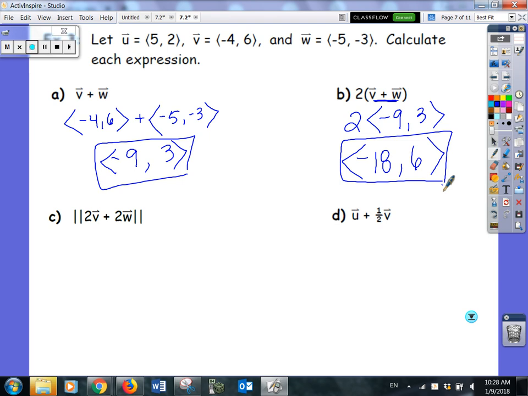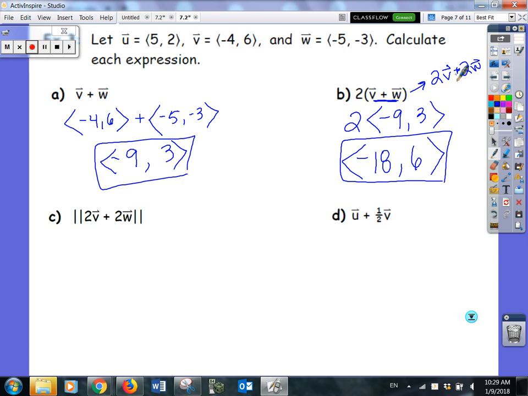All right, and then letter C, we've really kind of done letter C too, because we could have distributed that 2 and made that 2v plus 2w. That's the same thing. Whether we find the v plus w and then distribute the 2, or distribute the 2 and then add them, we can do that either way. So really, we already know what 2v plus 2w is.